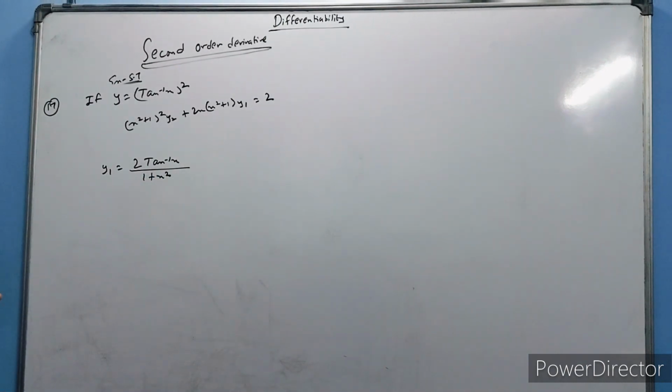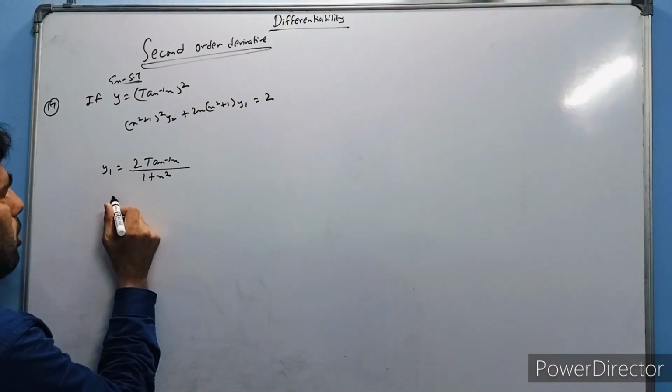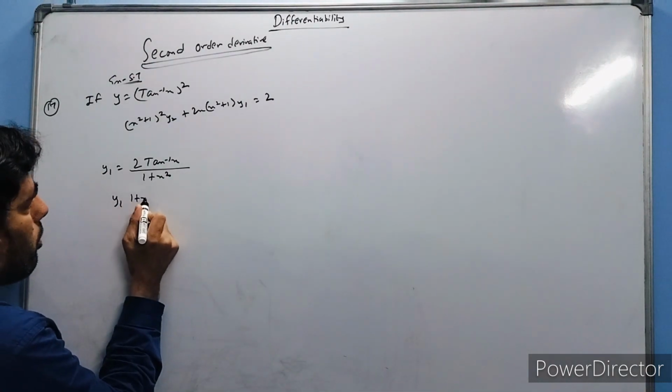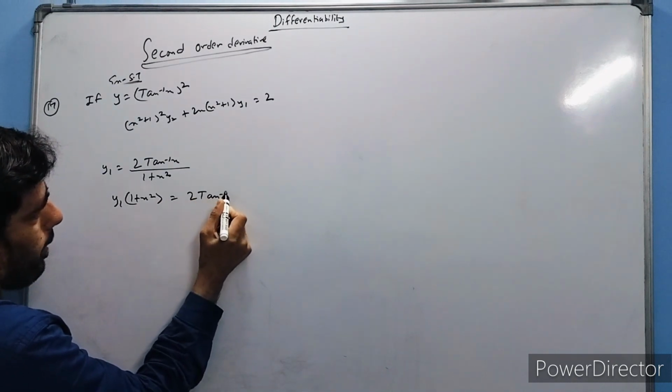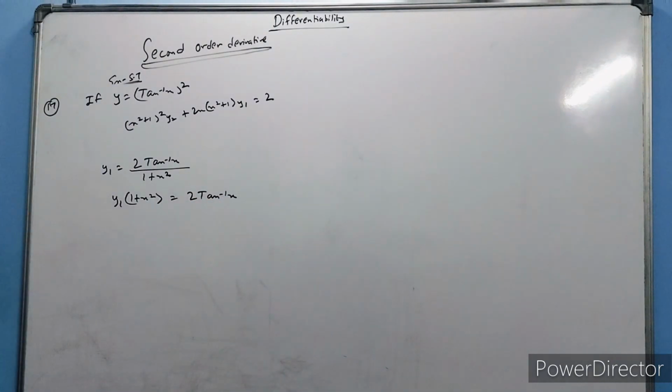So this is what we got here, y1. Now y1 into 1 plus x square is equal to 2 tan inverse x.